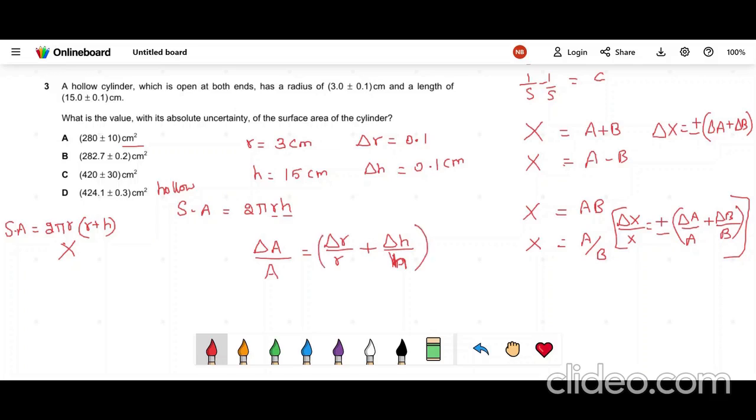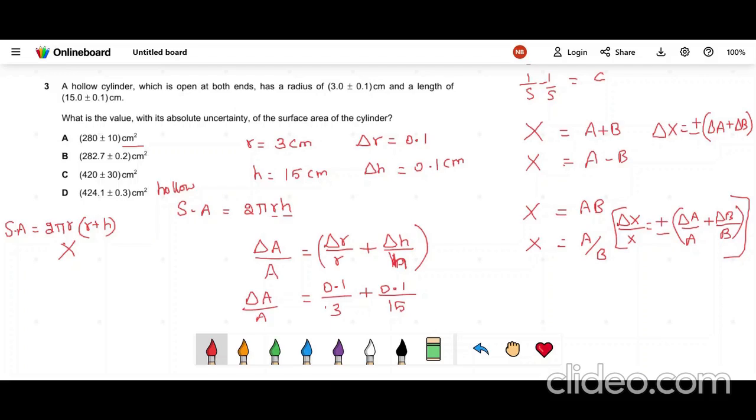So what is delta r by r? 0.1 divided by 3. I just wrote it like that. Okay, wait a moment. 0.1 is the delta r. 0.1 divided by 3, and 0.1 divided by 15. And delta A by A we have to find out.